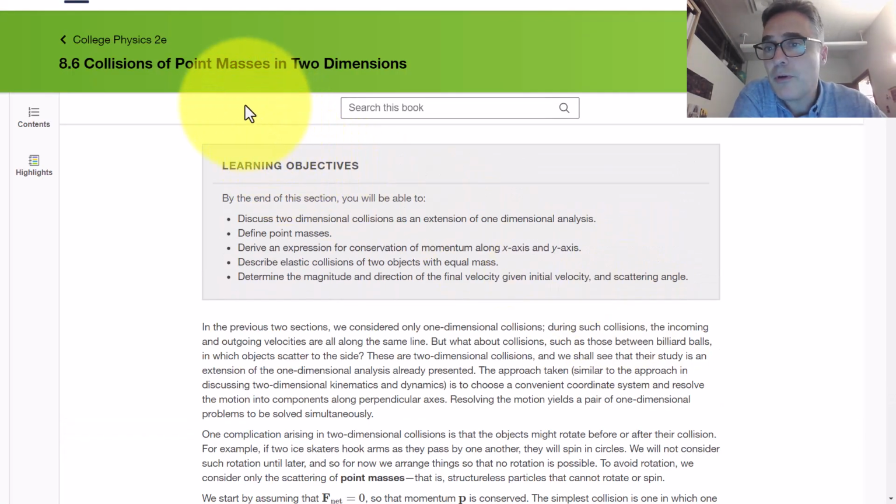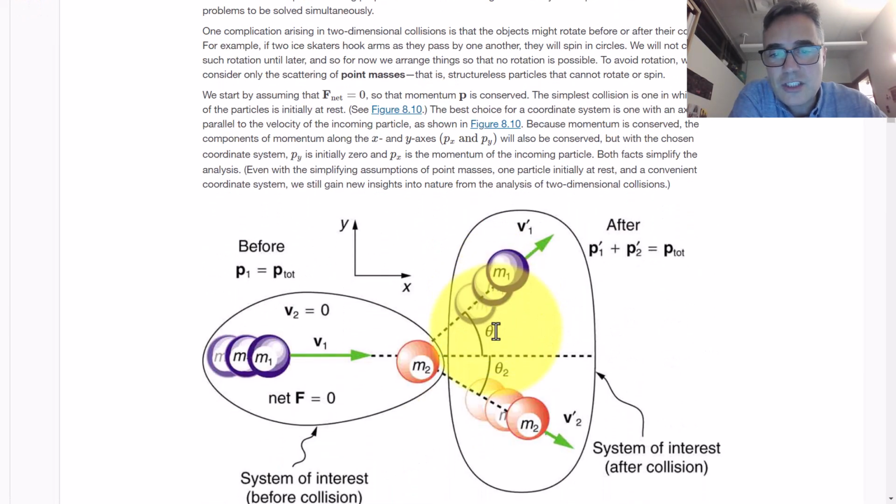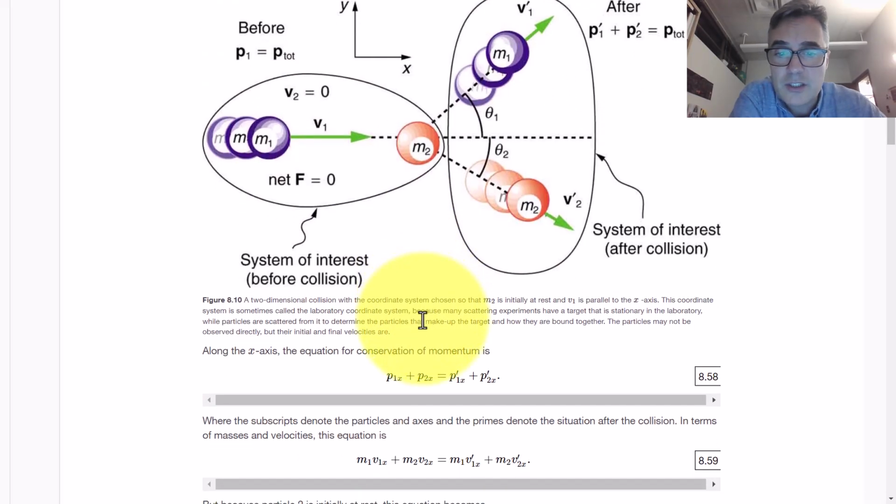So section 8.6 goes to 2 dimensions. Basically it's just reminding you here that this conservation of momentum equation is a vector equation. So really it's just 2 equations, which is that the x component of the momentum is conserved before and after, and the y component is conserved before and after.